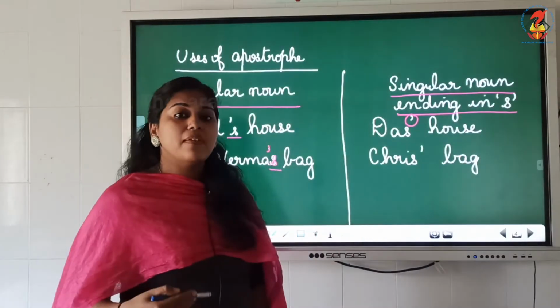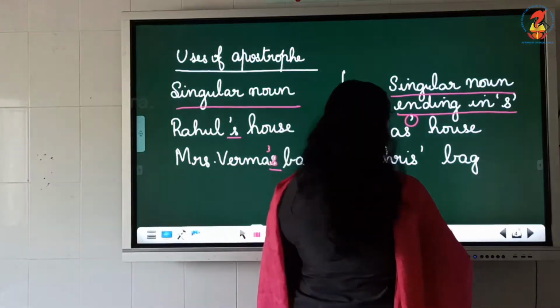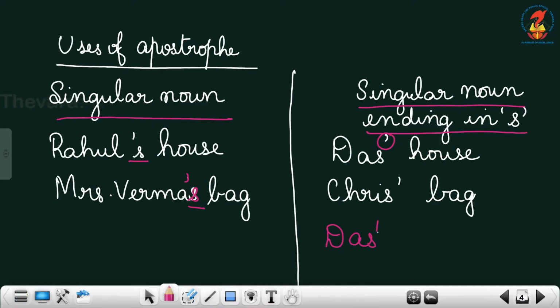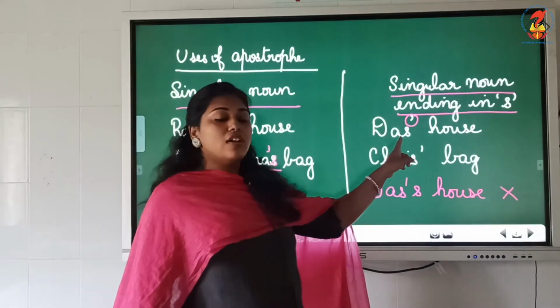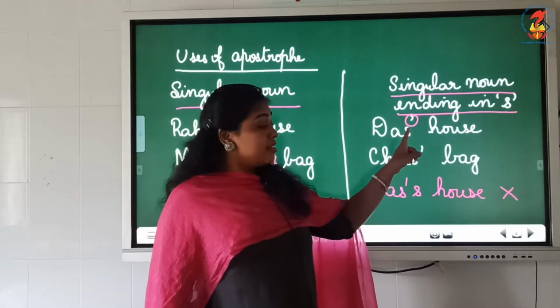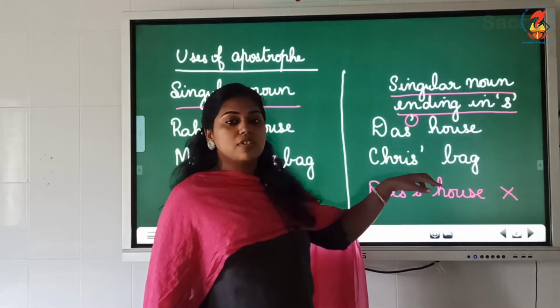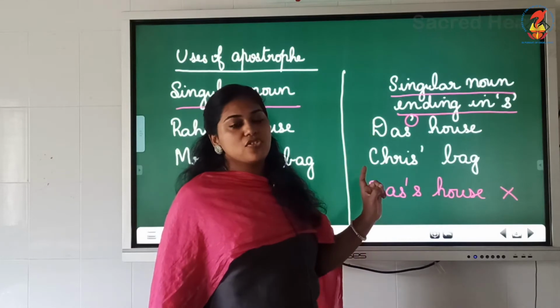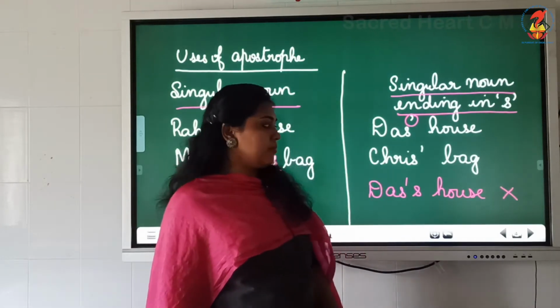You may have a tendency to write it as Das apostrophe s house, but this is wrong. You cannot write it in this way because there is already an s, so you don't have to repeat it, you just have to put the apostrophe to indicate the possession.